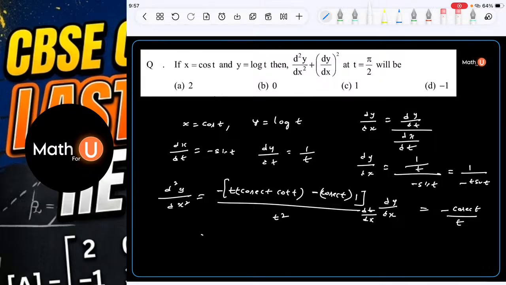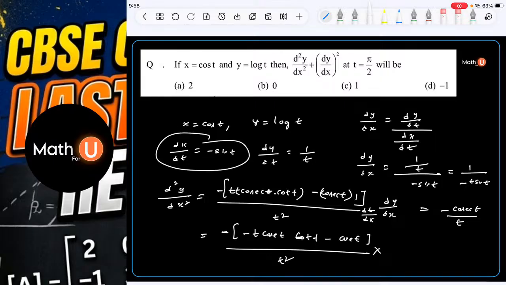Then we get, simplifying, minus t cosecant t, then minus into this, cot t minus cosecant t, by t square, dt by dx, the reciprocal of this, 1 by minus sin t. Wherever the t is there, replace it with pi by 2.